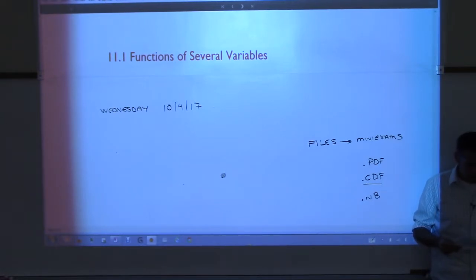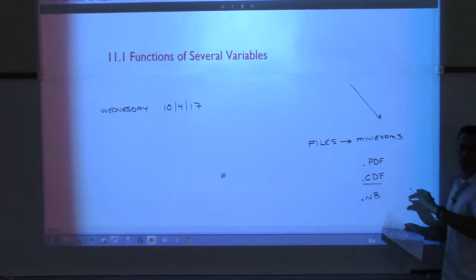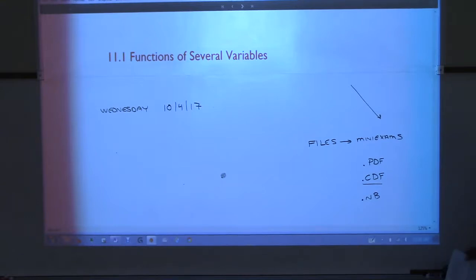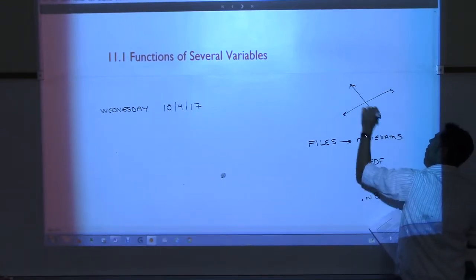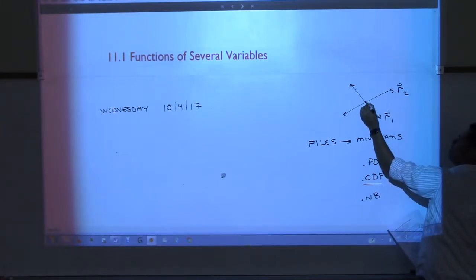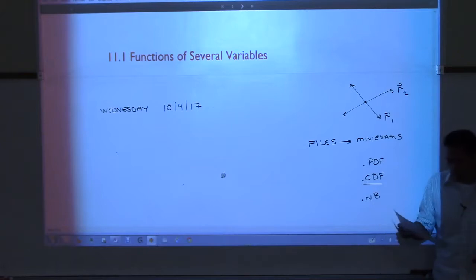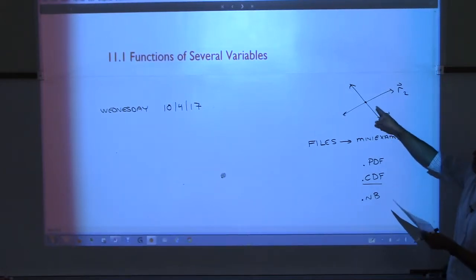So do you want to talk a little bit more about that one? Number 1, find the equation of the plane containing the point of intersection of 2 lines. So you have R1 and R2, right? You have 2 lines. I started early just to talk about the test, okay? They hit each other at a point, don't they? Well, that's what it says, right? Find the equation of the plane containing the point of intersection of these lines.